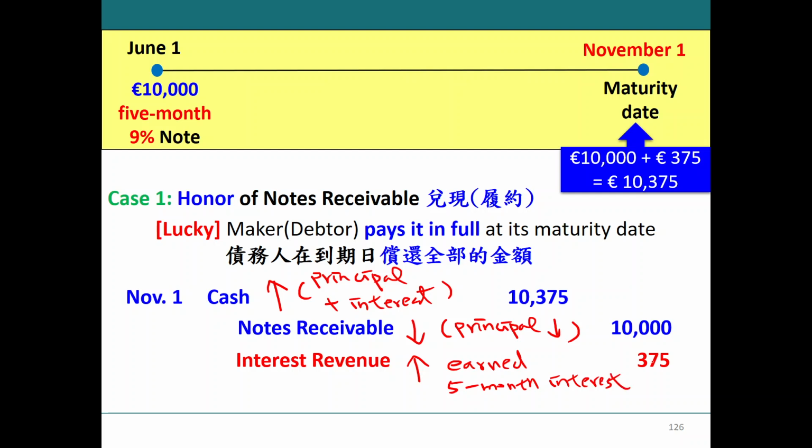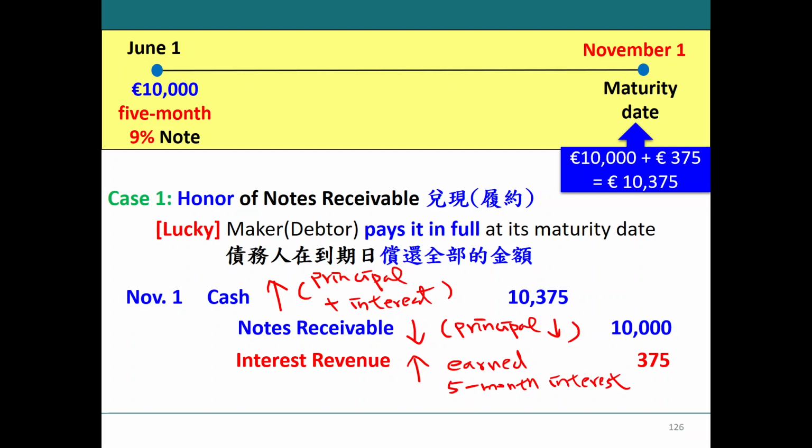Okay, any questions? No problem, right? It's quite easy, simple. When they pay you money back after 5 months, you are lucky. No problem?